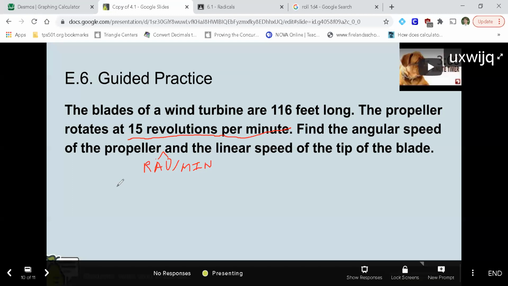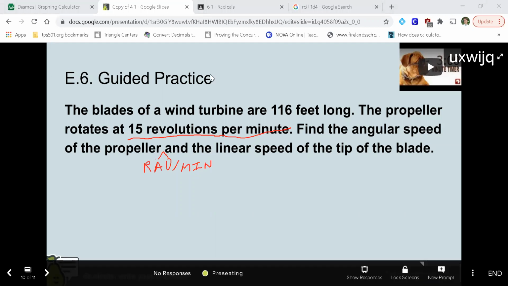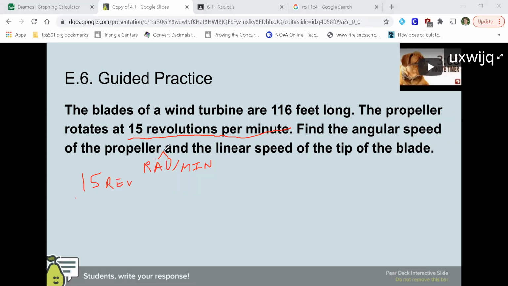Okay. So let's at least do the first part, and then we'll see if we need more time for the second. So Caitlin, I think you're next up. How many radians per minute is 15 revolutions per minute? Well, let me back up.